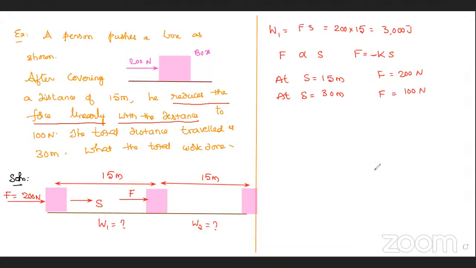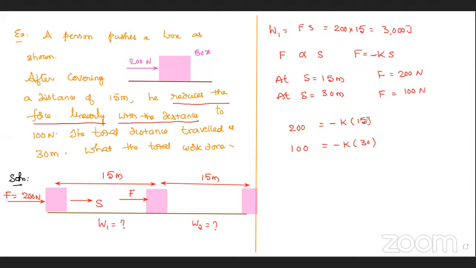And number two, if I put 15 here, that equals minus k into 15, you are saying F should be 200. If you put S equals 30 in this assumed linear equation, minus k into 30, you should get 100.